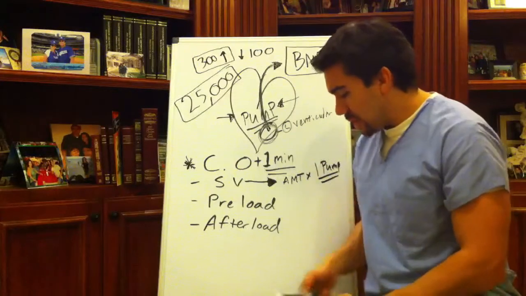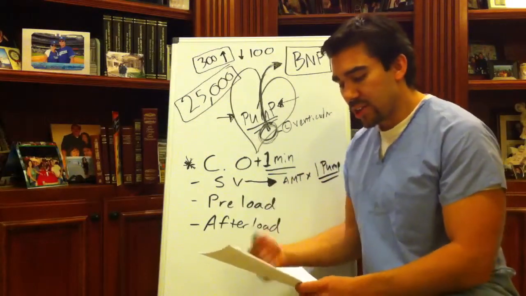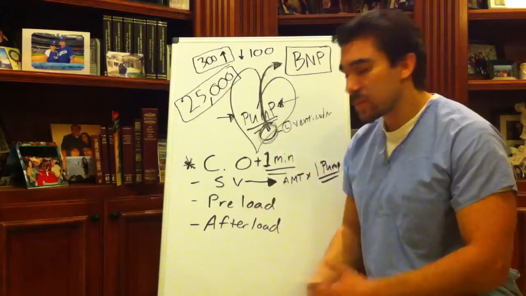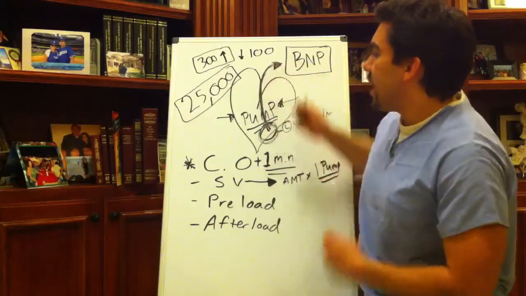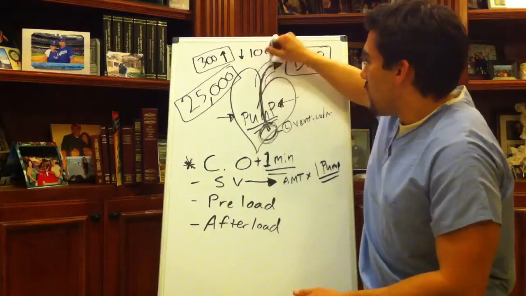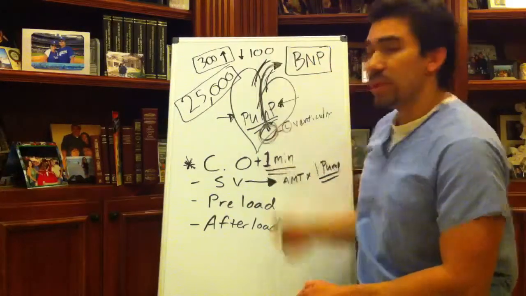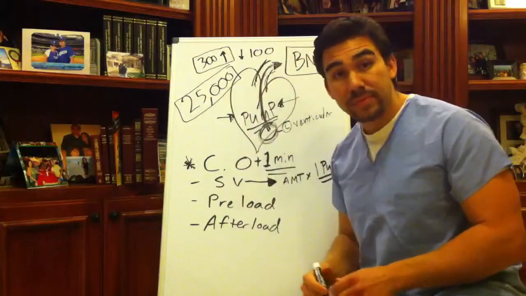Now, afterload is the degree of pressure in the aorta to overcome to push blood. Fancy word for how much pressure is in this aorta, right here, that this left ventricle has to overcome to be pushed out to the body.